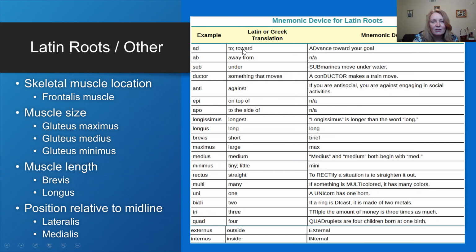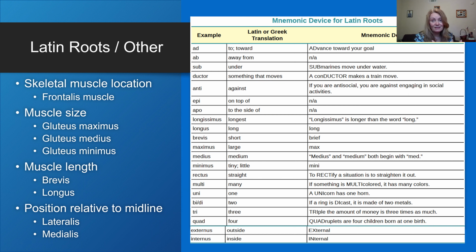Then you have lots of these prefixes and roots, right? I never myself, when I study muscle, I memorize the meaning. I don't think you should memorize this table separately from the muscle.